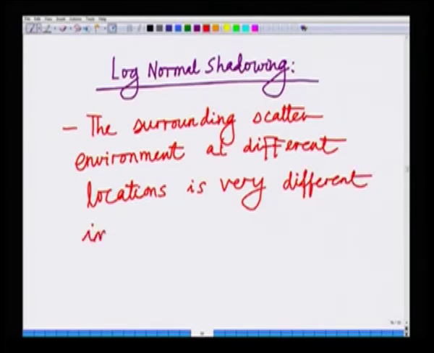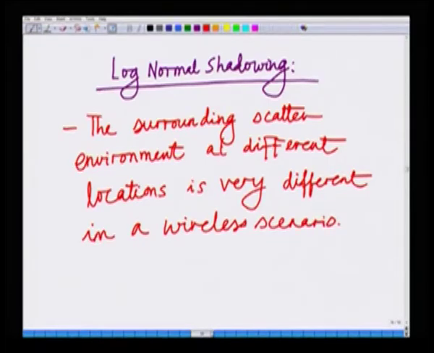So, the scatter environment is very different in a wireless scenario.